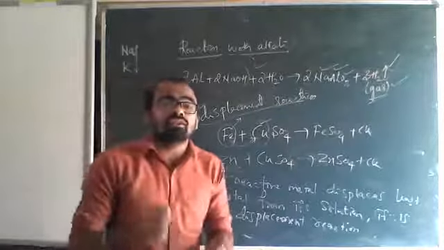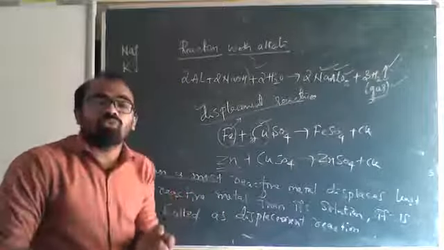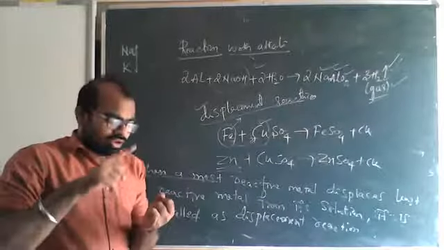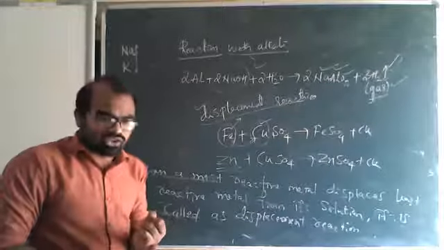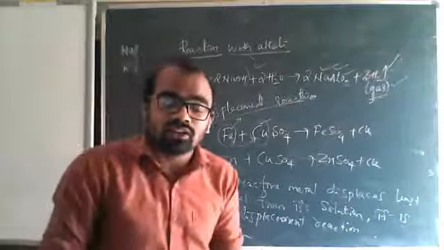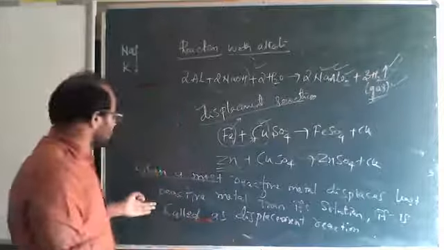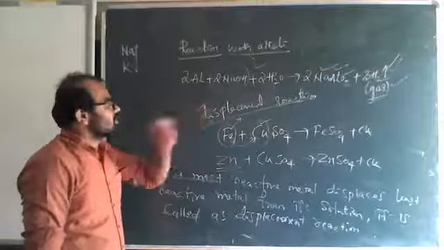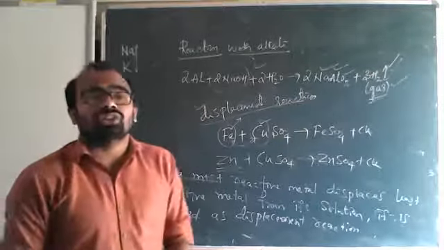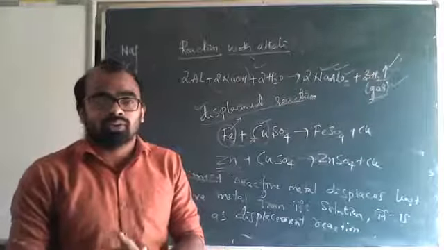So these are the chemical properties you should remember: reaction with air, that is oxygen, reaction with water, reaction with alkali, different metals, and reaction with what we can say, displacement reaction. These are the reactions you have to remember.